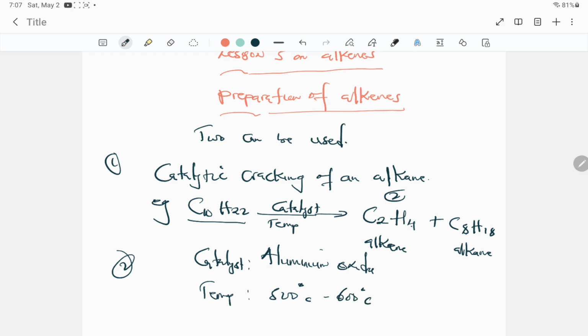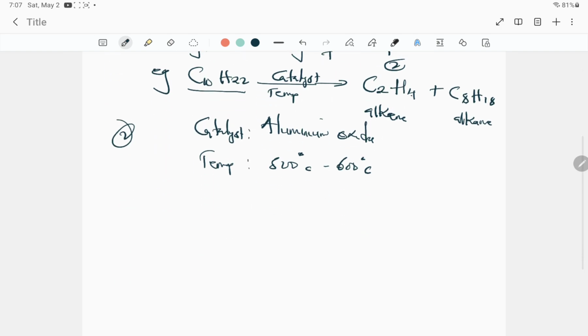That's the range. So the other method by which we can prepare alkenes is what you call dehydration of alcohol.